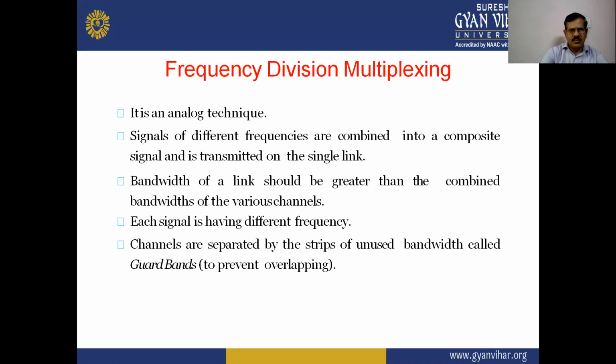Also in FDM, each signal has a different frequency. And channels are separated by strips of unused bandwidth called guard bands to prevent overlapping. So the function of the guard band is to prevent overlapping in the FDM technique. These are some features of FDM.